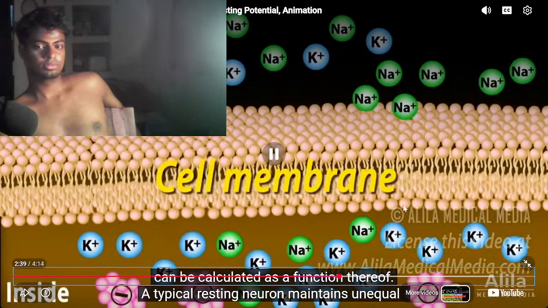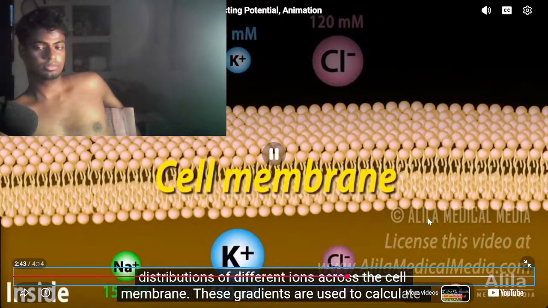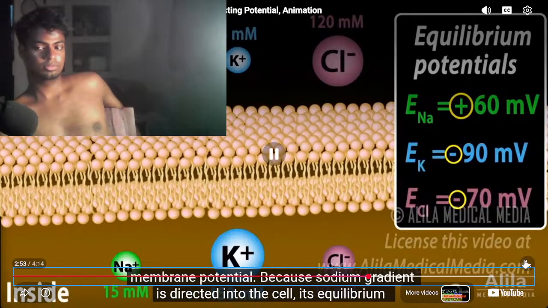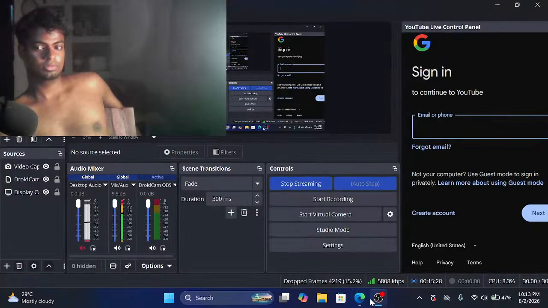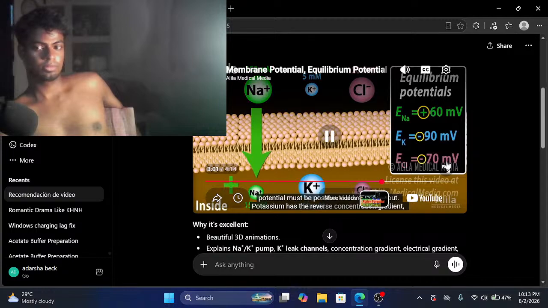A typical resting neuron maintains unequal distributions of different ions across the cell membrane. These gradients are used to calculate their equilibrium potentials. The positive and negative signs represent the direction of membrane potential. Because the sodium gradient is directed into the cell, its equilibrium potential must be positive to drive sodium out.